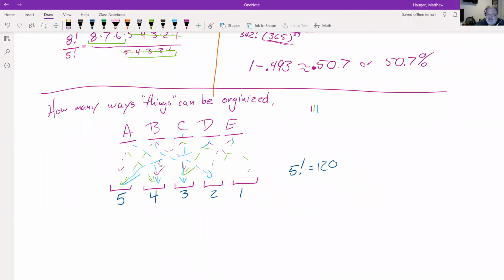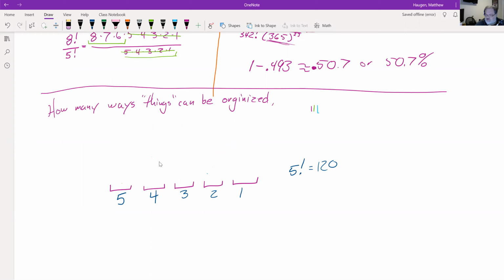What if instead of 5 letters and 5 boxes, we wanted to count up given all 24 letters?